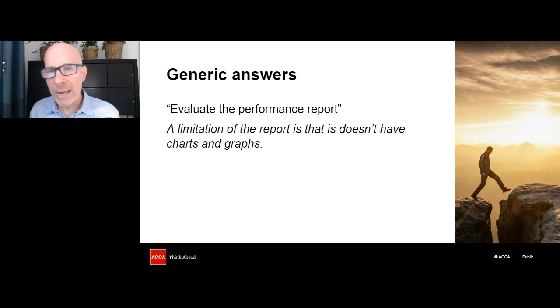Look at this. We have a requirement: evaluate the performance report. One answer says: a limitation of the report is that it doesn't have charts and graphs. Guys, we all know that a modern report will have visualizations. It's going to help us understand trends.